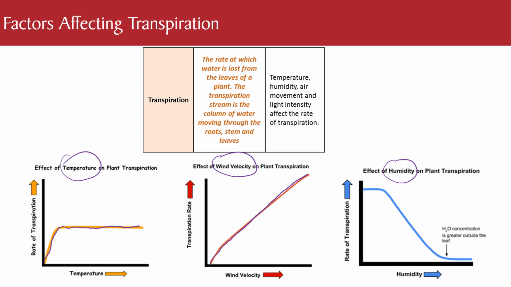And humidity is transpiration happens a lot at low humidity. That humidity is the amount of water that is naturally in the air. And as the humidity increases, what happens is transpiration reduces until it gets to the point where the actual water concentration is greater outside of the leaf. And then transpiration doesn't happen anymore, right, because of the humidity.